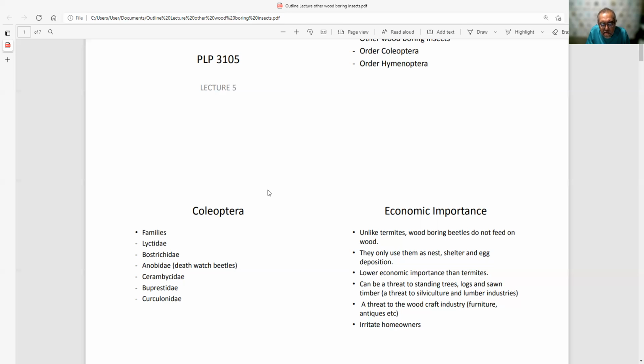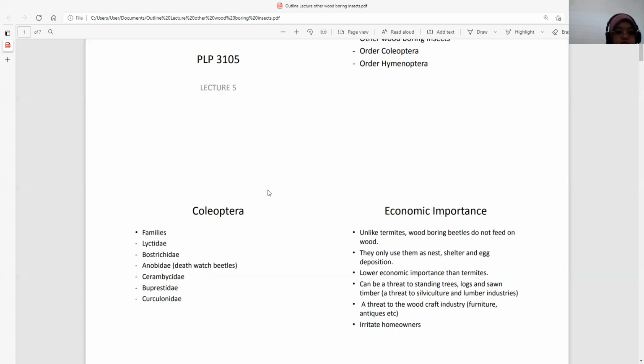Okay, now just to recap dan juga untuk ulang kaji. Now if you look at the families, it always ends with the word AE. Yeah? Kalau order tadi, it ends with A, Coleoptera, Lepidoptera. Now families, they always end with the suffix AE. Yeah? It ends with AE.